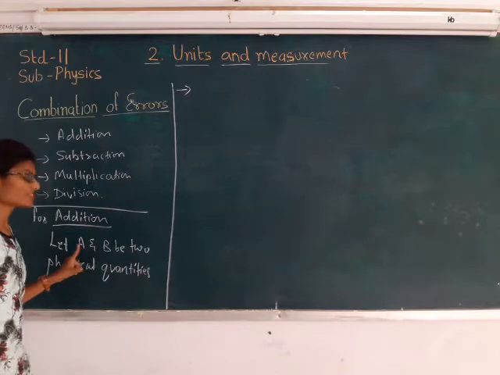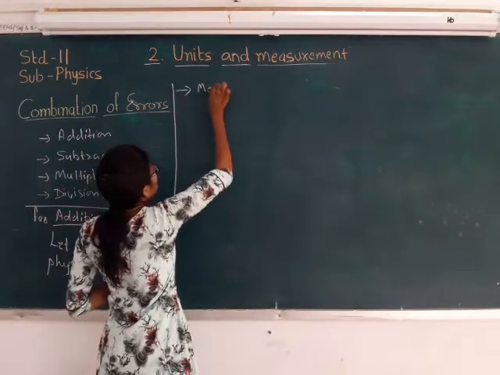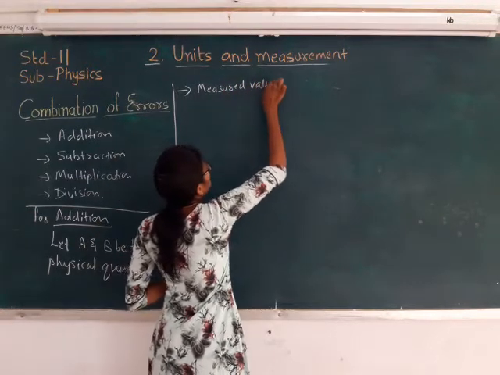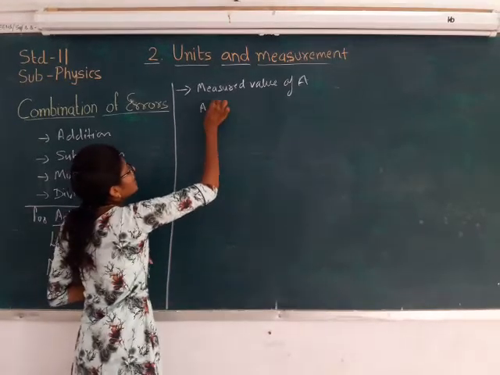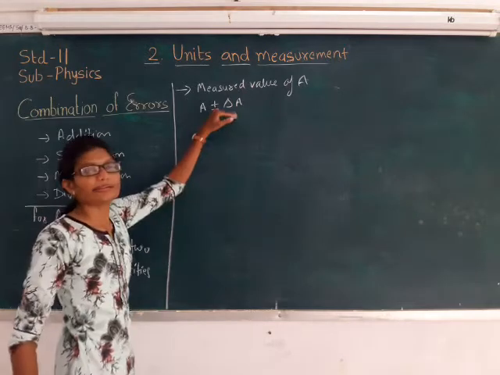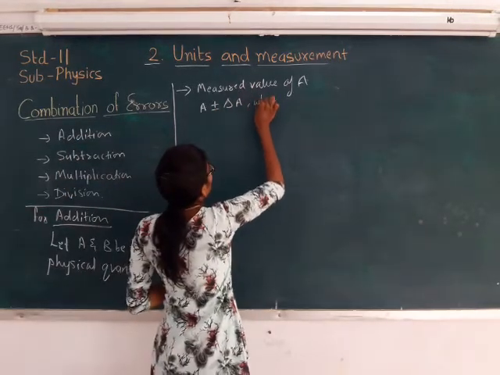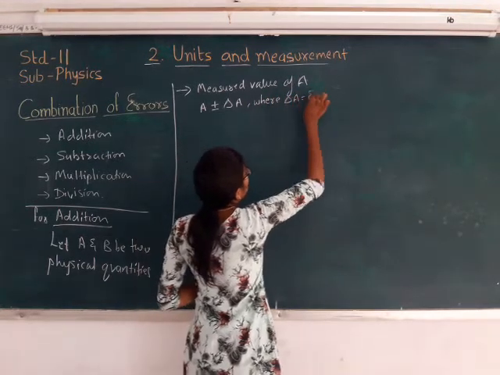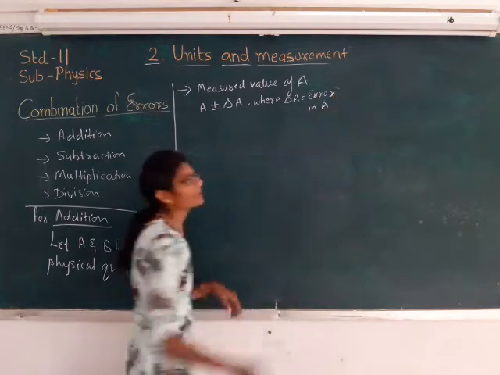So the physical quantity A, its measured value can be written as A plus minus delta A, where delta A is error in A.